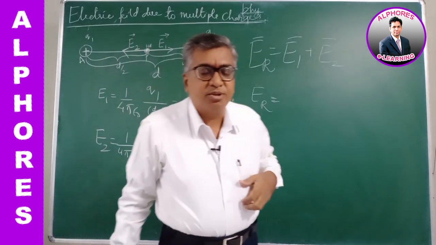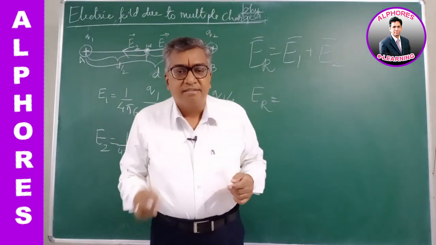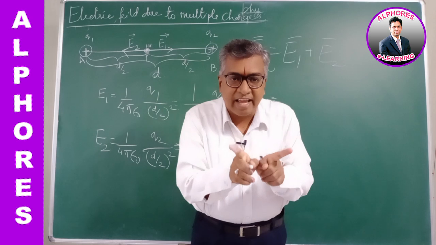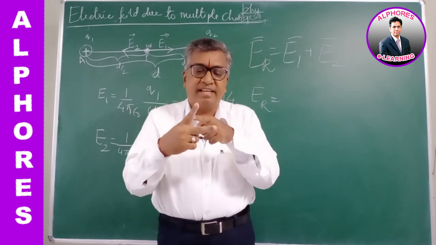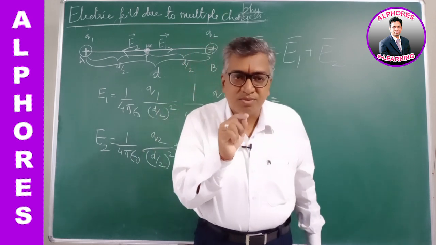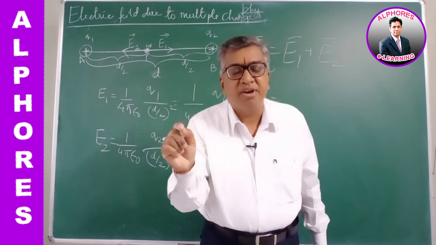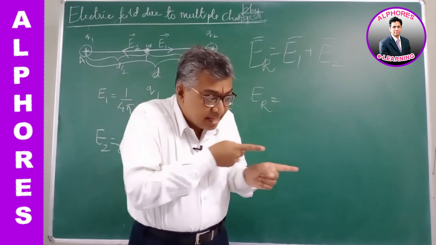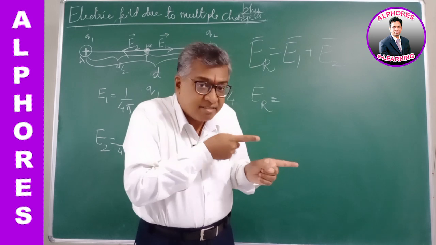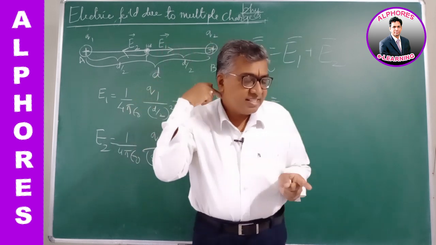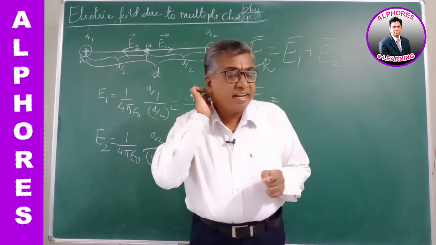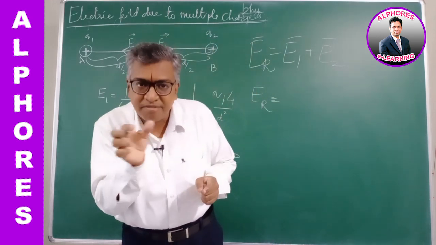We know according to the parallelogram law of vectors, if two vectors A bar and B bar are at an angle theta, then the resultant is root of a square plus b square plus 2ab cos theta. If both are in the same direction, like vectors, then the resultant is a plus b. The magnitude of the resultant is the sum of their magnitudes.